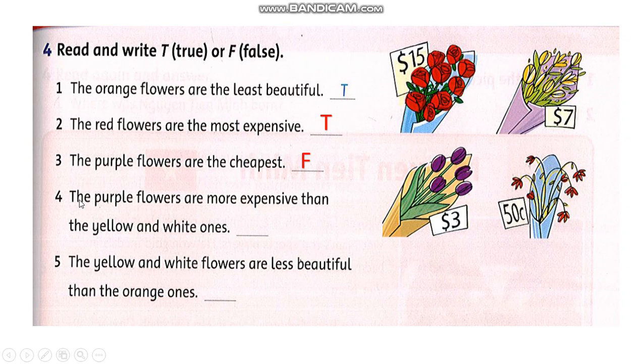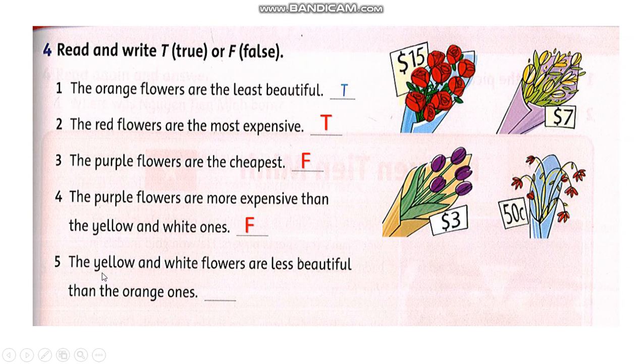Number 4, the purple flowers are more expensive than the yellow and white ones. Look at the purple flowers and yellow and white flowers. Are they more expensive than? No, they are not. Right? So the sentence is false.